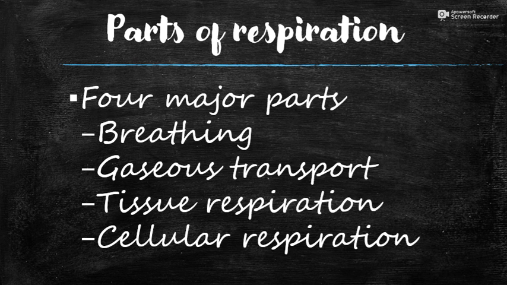And from the cell, the carbon dioxide concentration would be very high. So the free hemoglobin molecules, free hemoglobin meaning which doesn't have oxygen on top of it, will be receiving carbon dioxide from the cell, and it comes back to the lungs and gives it back to the lungs.